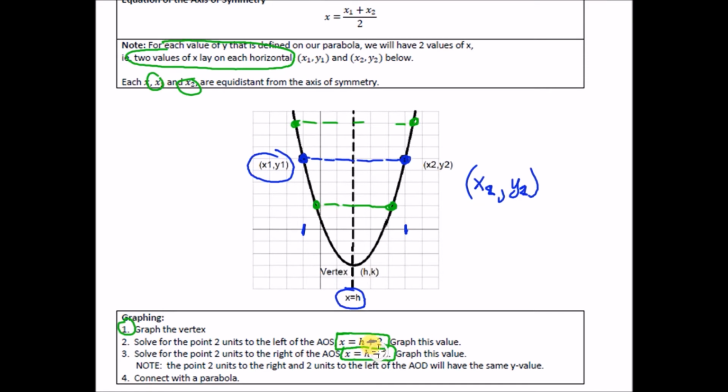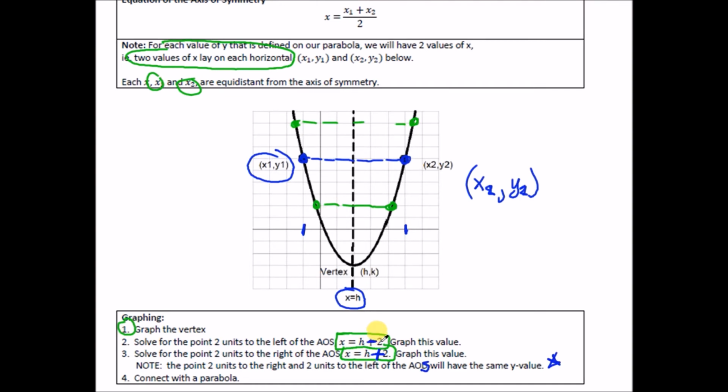The points 2 units to the right and 2 units to the left of the axis of symmetry will have the same y value, so this is a good check. I always punch both of them into the calculator to make sure. Then we just connect it with a parabola.